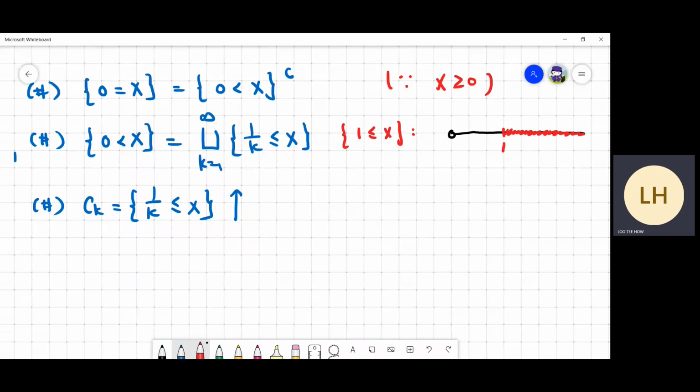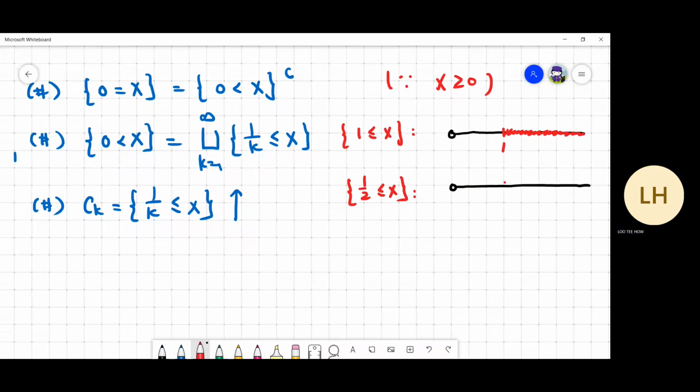Next, when k equals 2, the event C2 will be x greater or equal to half. So if you look at the line, this is half, this is 1, so that will be up to here.